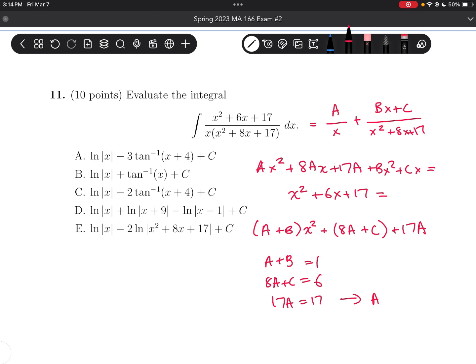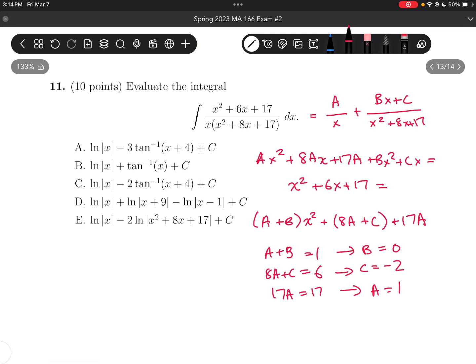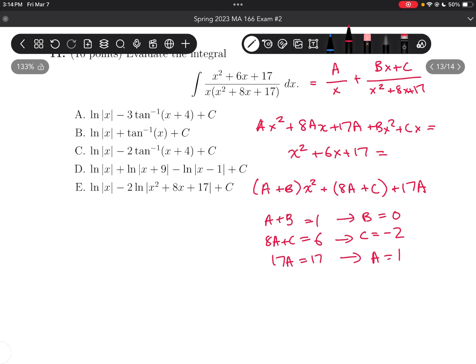From that last equation we get a equals 1, which we can use to solve b equals 0, and then c would equal negative 2. That's a more rigorous way of showing that the expression in the integral is equal to 1 over x plus negative 2 over x squared plus 8x plus 17.